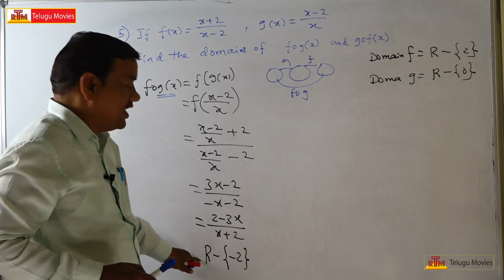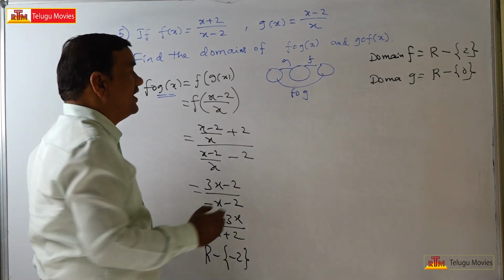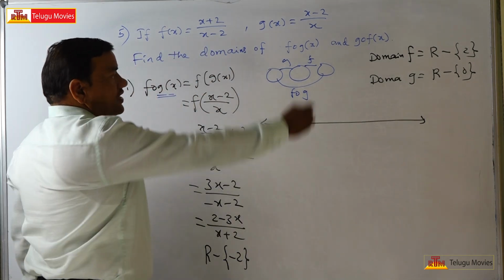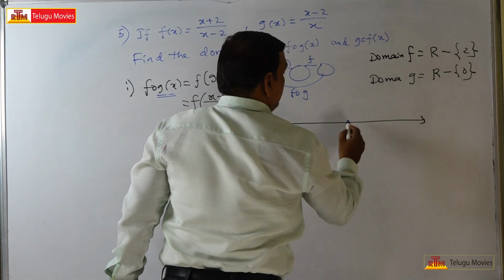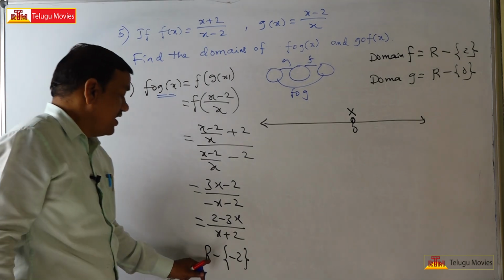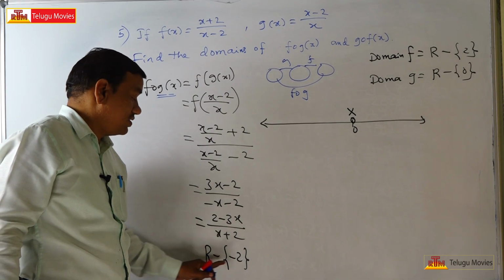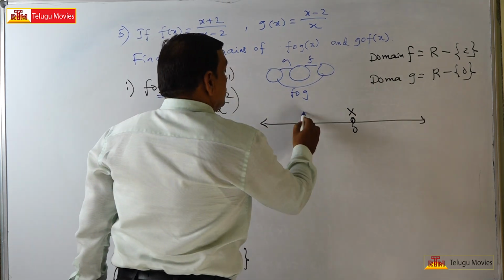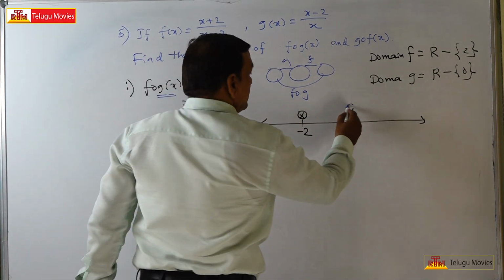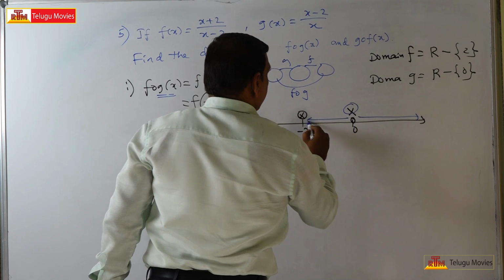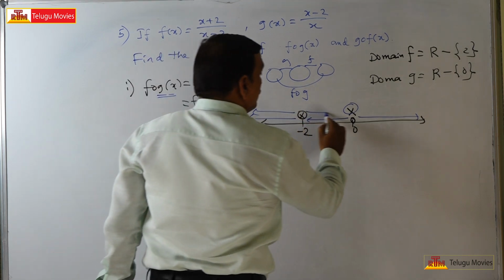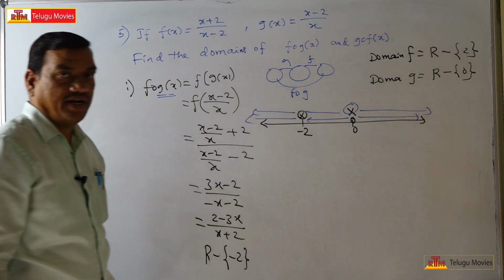Their intersection will be taken. So what is that intersection? Let us take the set of real numbers. For g, except 0. So you should not take 0. Here, R minus minus 2, the set of real numbers minus 2. So you should not take minus 2. That means here you should not take these two. Everything else you can take.